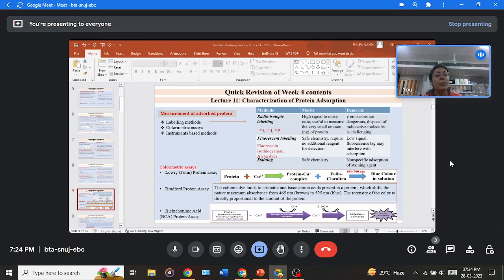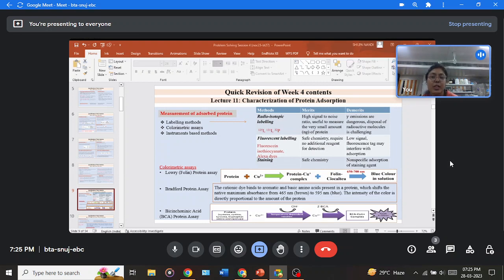When this complex reacts with the Folin-Ciocalteu reagent, a blue colored solution is obtained, which can be measured in the wavelength range of 650 to 700 nanometer. So basically this blue color in the solution corresponds to the amount of protein present in the solution.